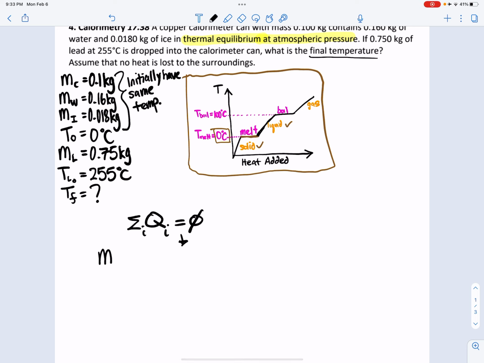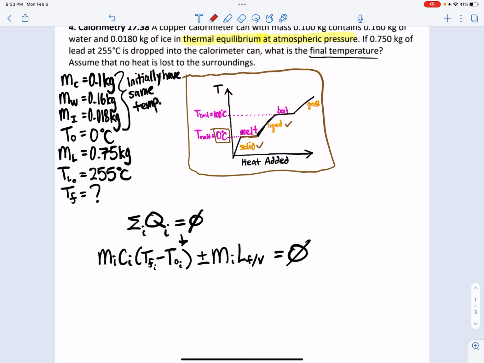Right? And that becomes mass times specific heat times temperature change, T minus T naught, for material i. And then plus or minus, when there's a phase change, the mass times the latent heat of fusion or vaporization, depending on the type of phase change, and that equals 0, right?